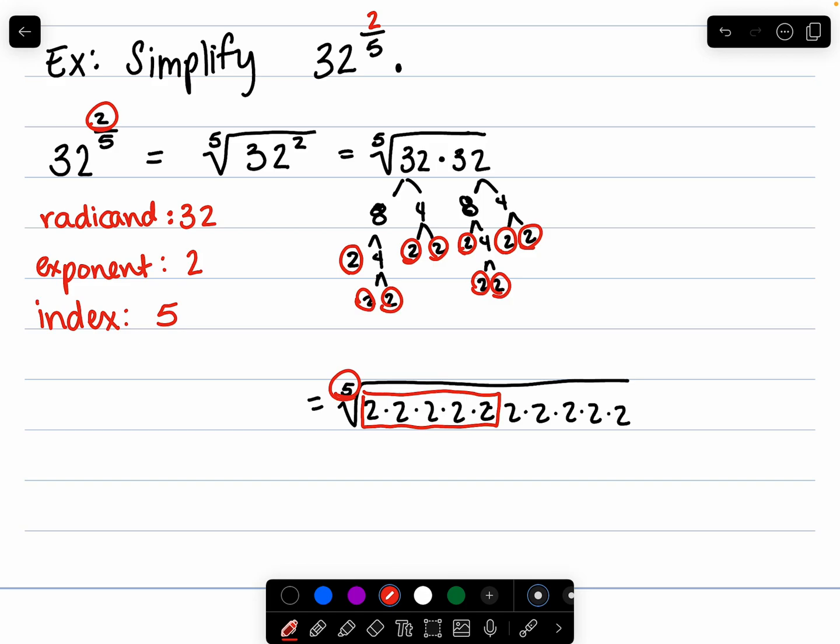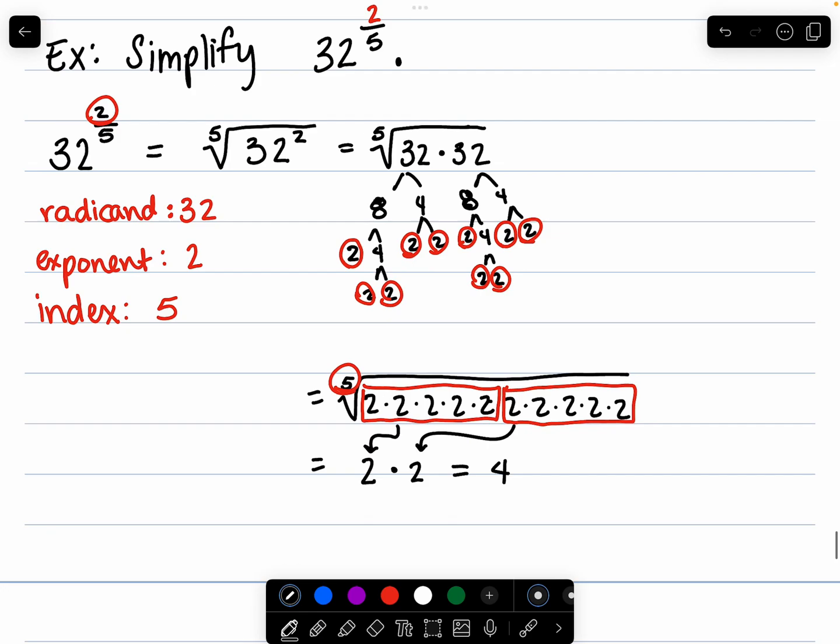Let's see if we can get more. We get 1, 2, 3, 4, 5. Oh, look, I have 2 groups of 5 2's. So I'm going to only write it once whenever they're boxed and multiply them together. And I should get 4.